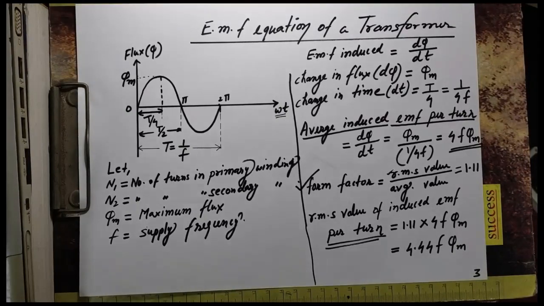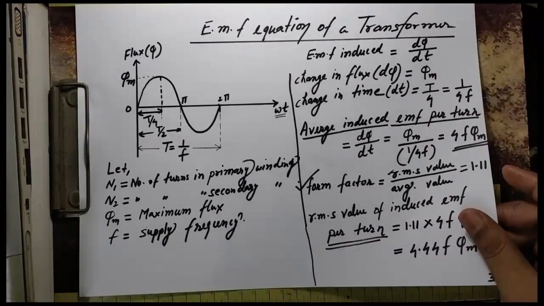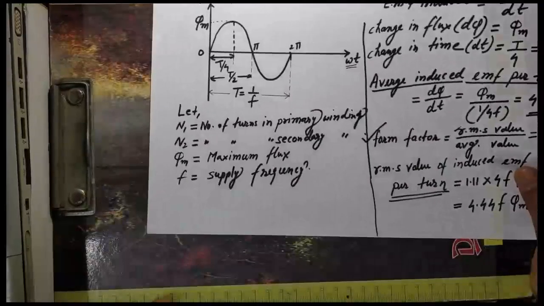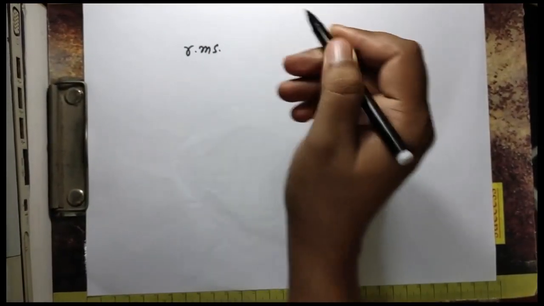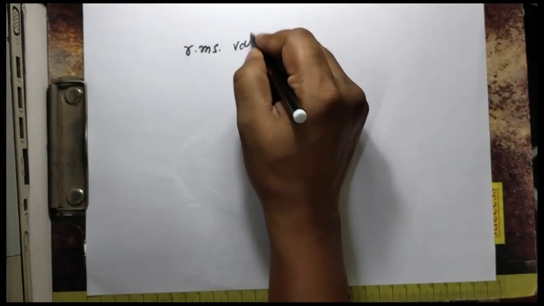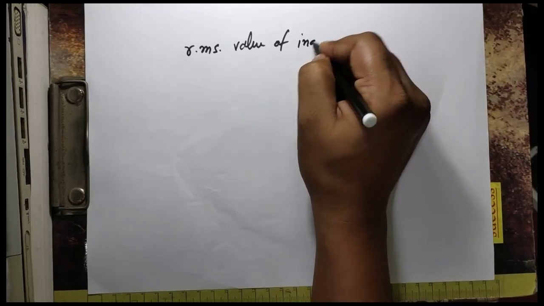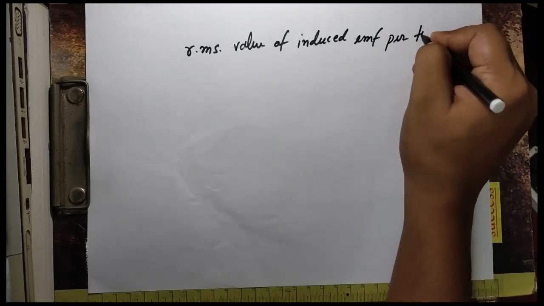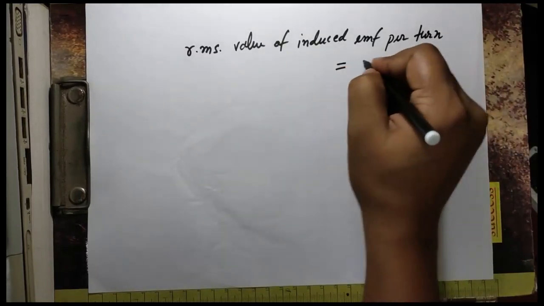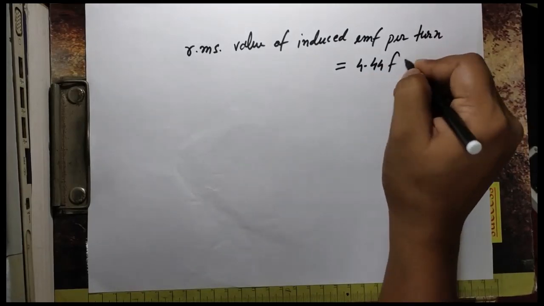Now if we try to find the voltage induced in primary, okay, move to next page. The RMS value of induced EMF per turn is equal to 4.44 f phi m.